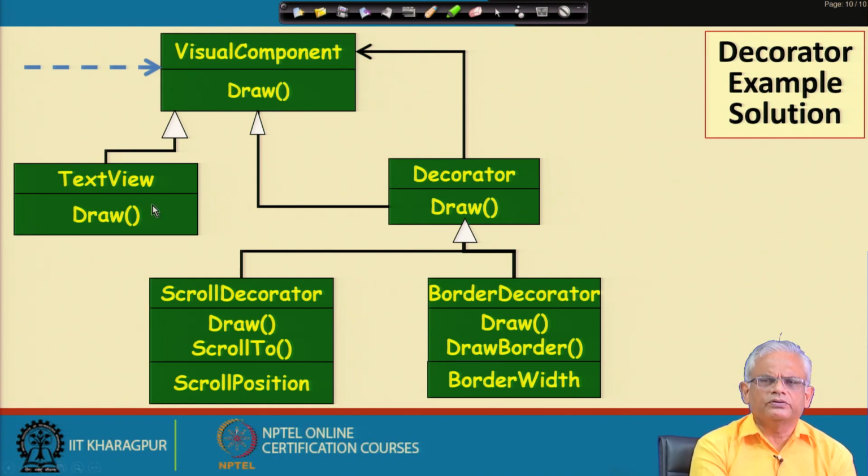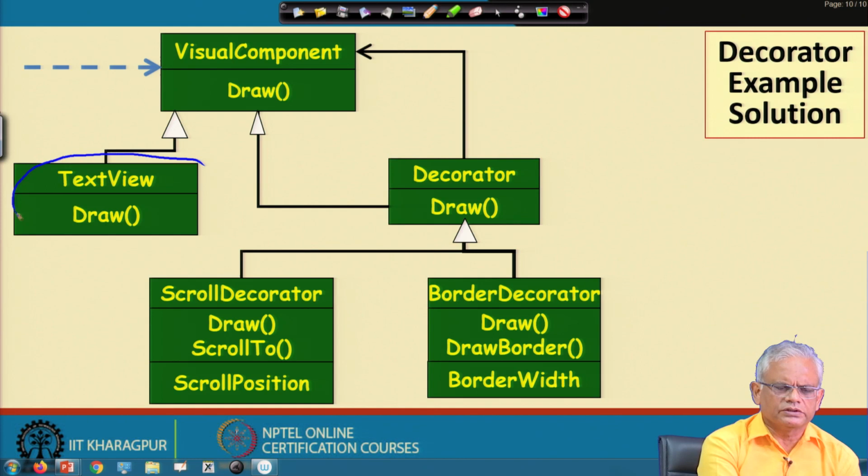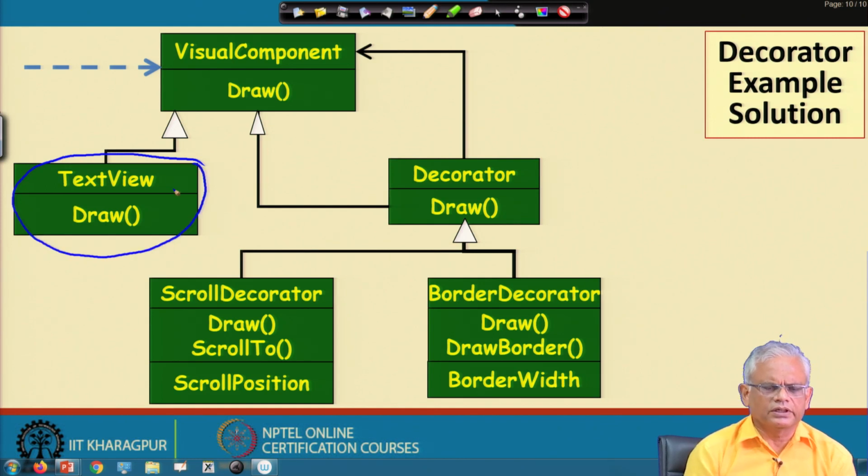Here text view is the basic component. The text view is the basic or the concrete component on which we can add various types of decorators. Both the text view and the decorator are derived from the visual component, and there are various types of decorator.